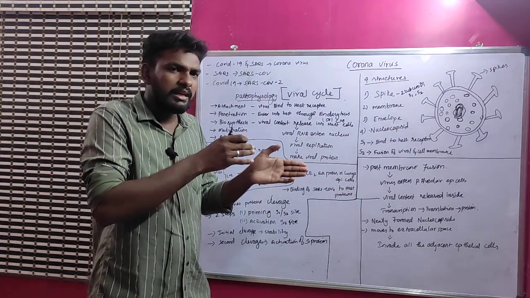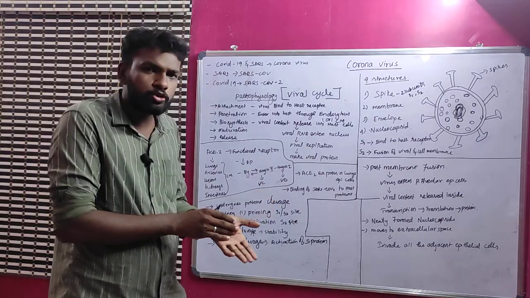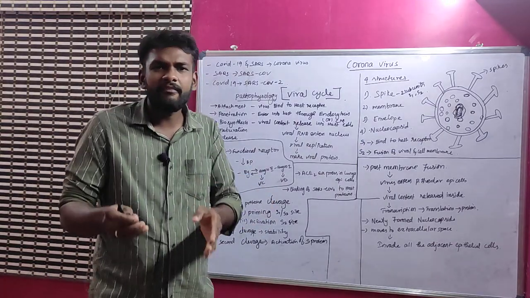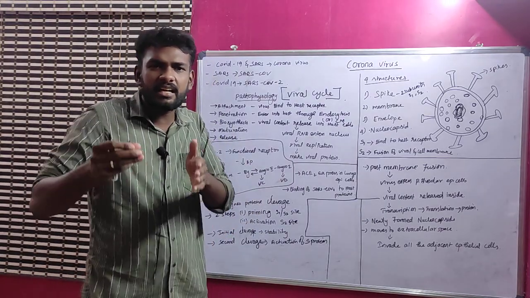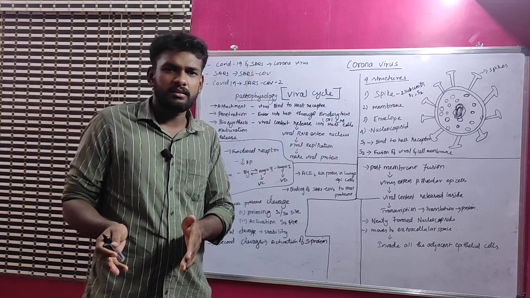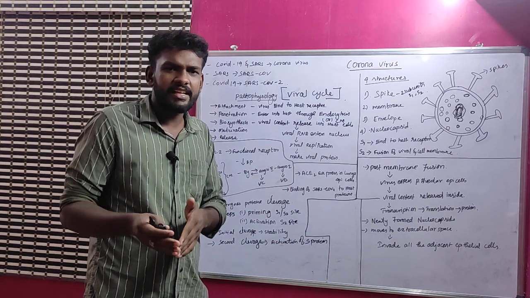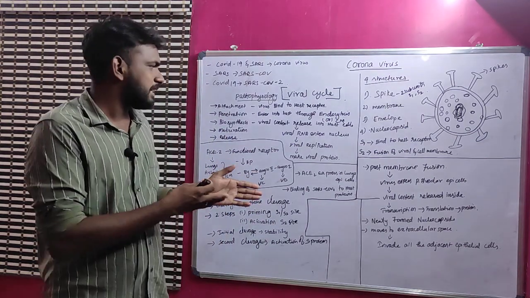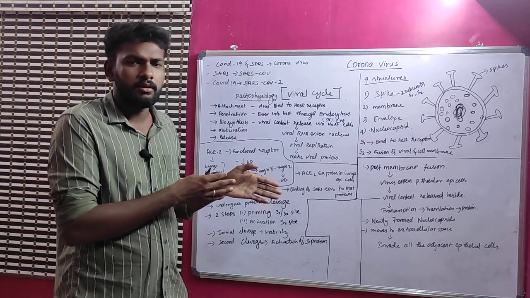Through this, nucleocapsids are newly formed and move to the extracellular space, and invade all the adjacent epithelial cells, which are the healthier cells. The viral cells are going to destroy the healthy cells. This happens in the viral cycle of the coronavirus.